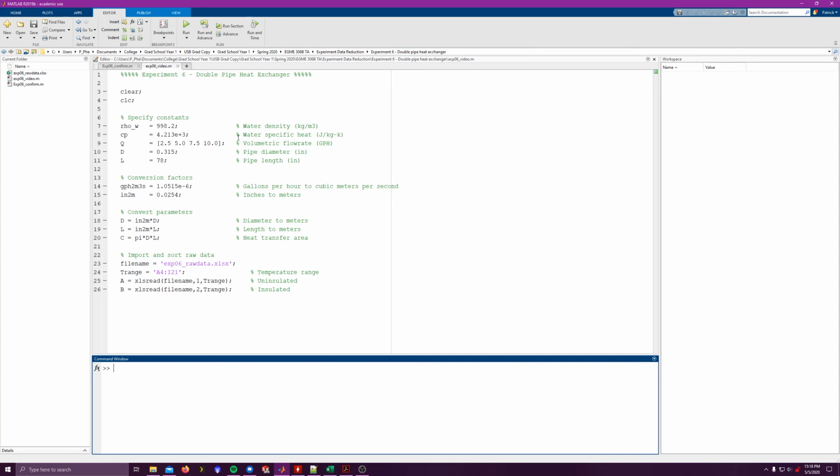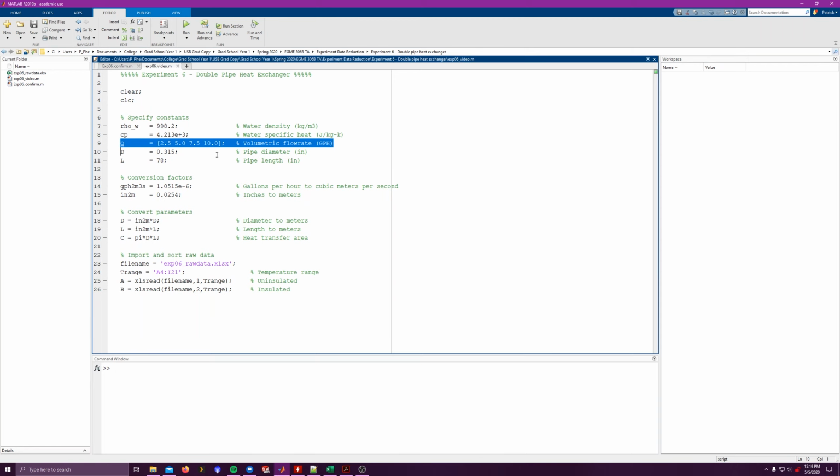We have the water density, the specific heat for water, and then I'm going to define an array here for the volumetric flow rate. That's in gallons per hour, so this is for the cold fluid, remember, but we can also use this array for the hot fluid, because we're just going to use that at 10 gallons per hour. But anyways, we have 2.5, 5, 7.5, and 10 gallons per hour.